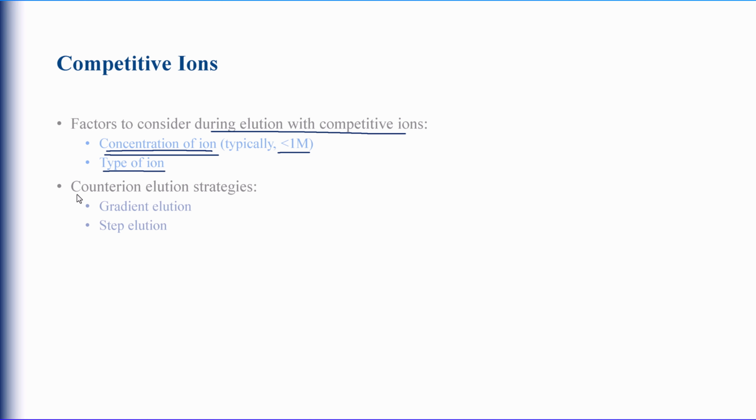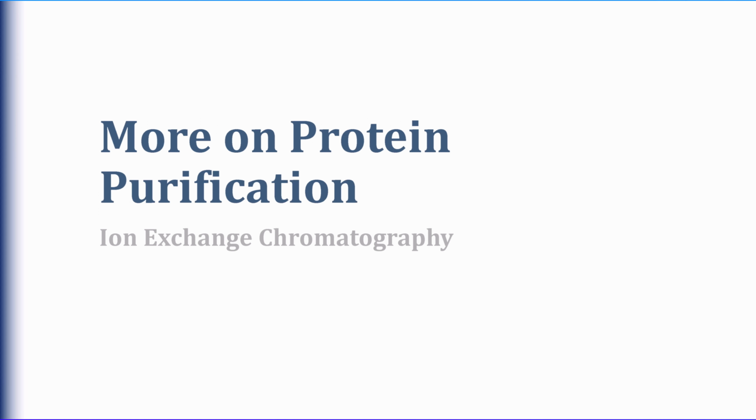And counter-ion elution strategies can be summed up into 2 strategies: gradient elution and step elution. These are the 2 basic classes of elution that you can perform. And this concludes this module on ion exchange chromatography as an introduction.